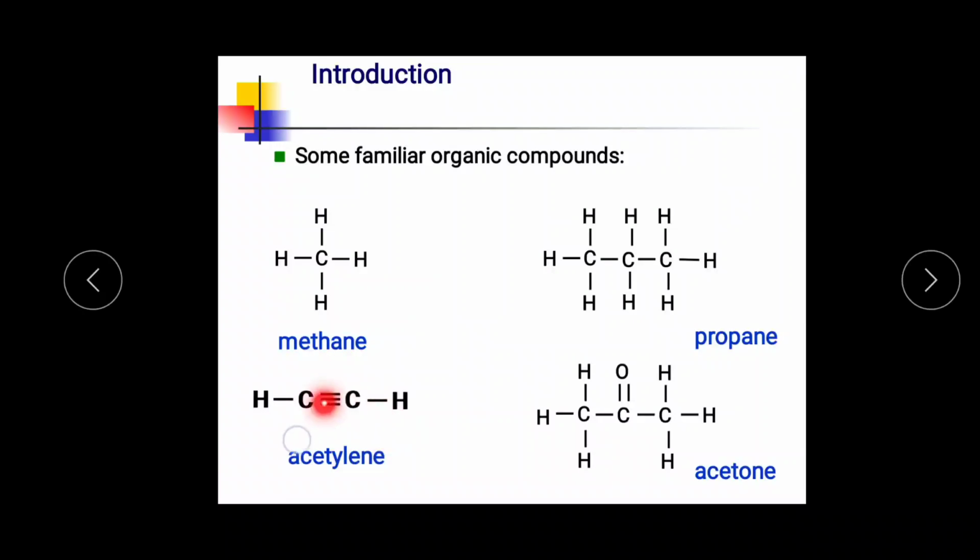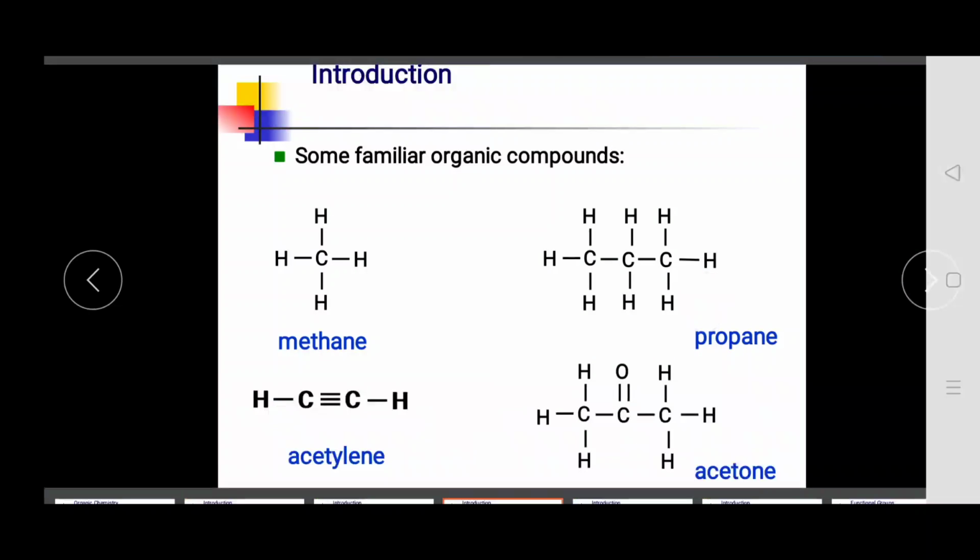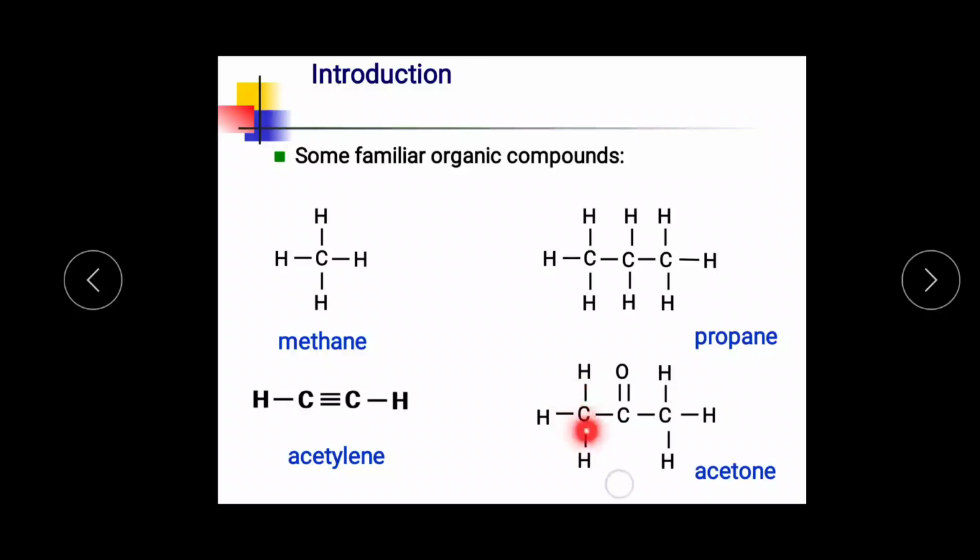It is named acetylene. Acetone indicates that this structure has a functional group of ketones.